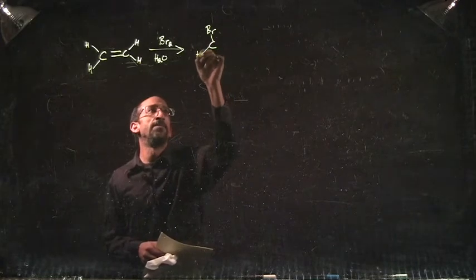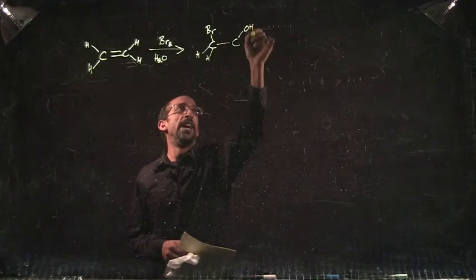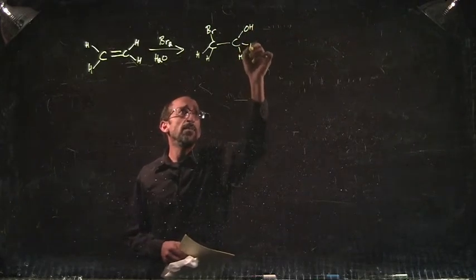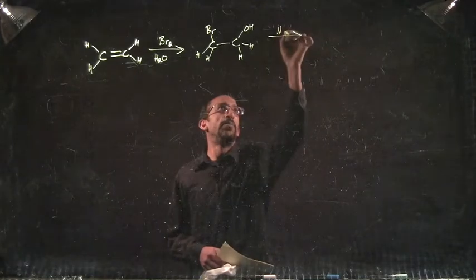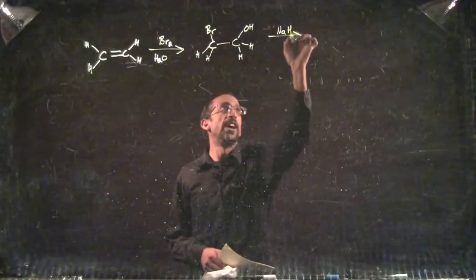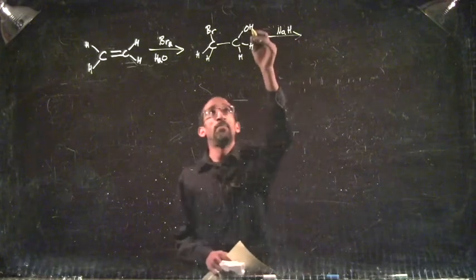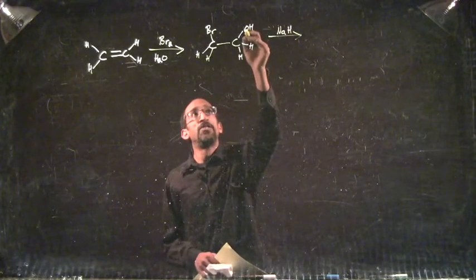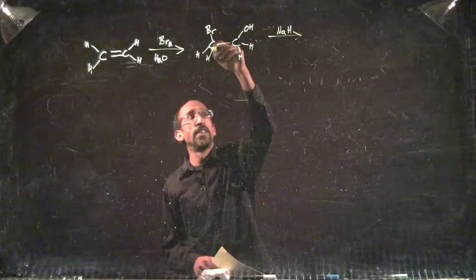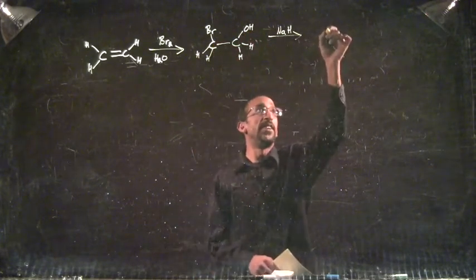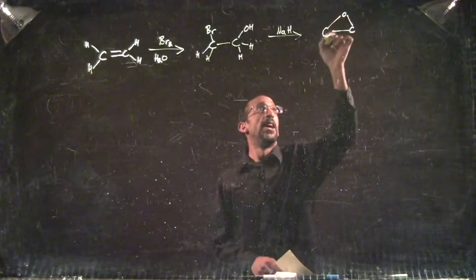Bromine on one carbon, OH on the other. If we then took this and treated it with base, so I'm going to use sodium hydride here, that's going to cause deprotonation of the alcohol to generate a good nucleophile, which will attack this electrophilic carbon and ultimately give us an epoxide.